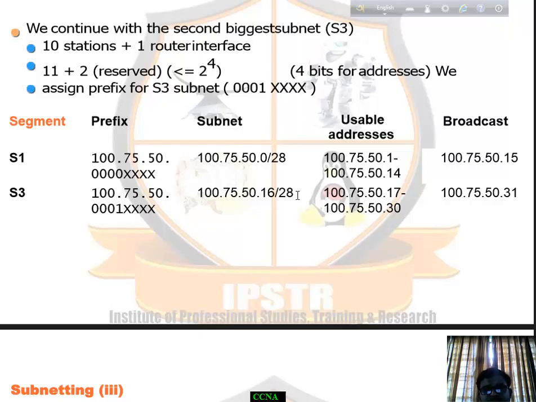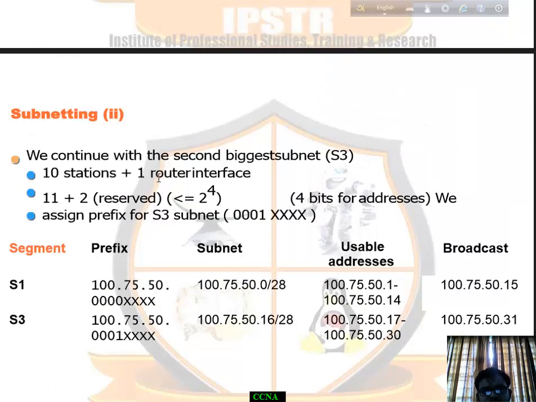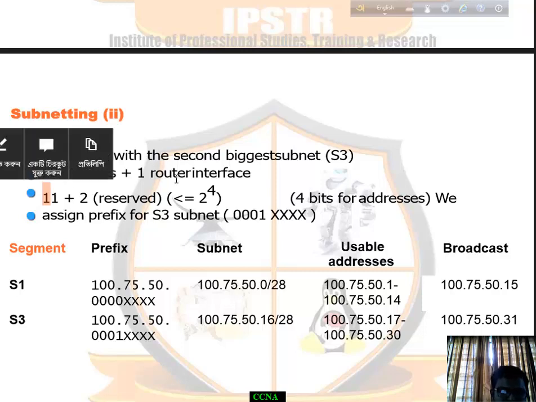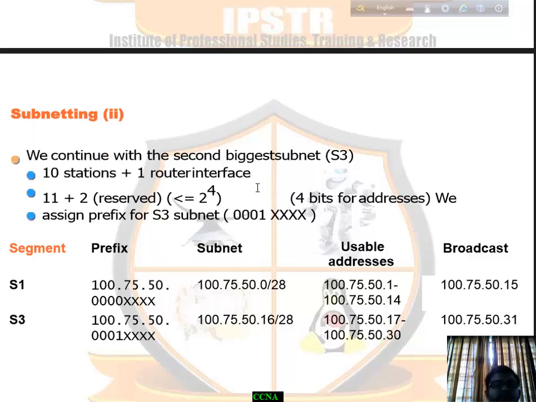Okay, we calculate this one. There is a need for 10 stations and 1 router interface, so there are 11 stations, or 11 ports.